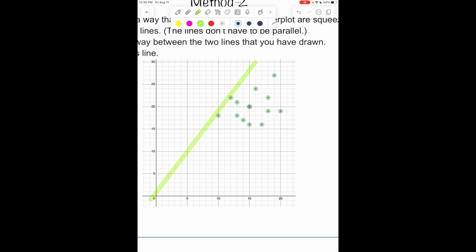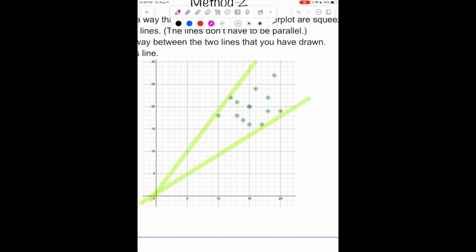That contains all of my upper data. Then I'm going to draw a line on the bottom about there. That contains my lower data, so I've squeezed it in real tight there.